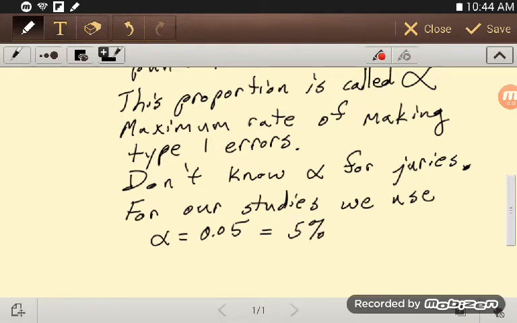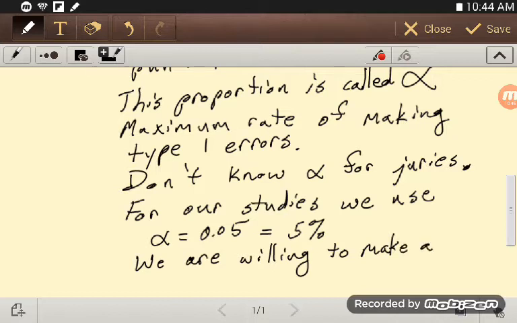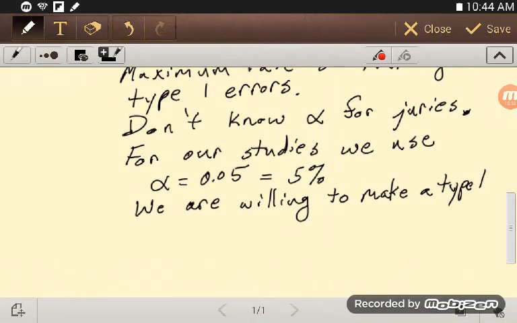We are willing to err, okay, we are willing to make a type 1 error 5% of the time.